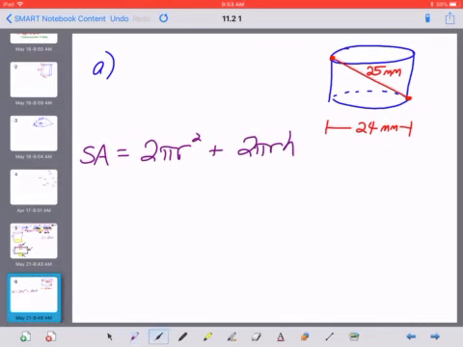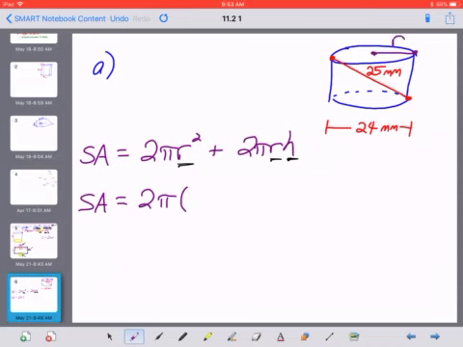Looking at that, it looks like we need to know the radius of our cylinder, and we need to know the height. Other than that, we should be good to go. So let's fill in what we know in step 2. Surface area is 2 times pi. Now, the radius, remember, is a segment that goes from the center of a circle out to the side itself.